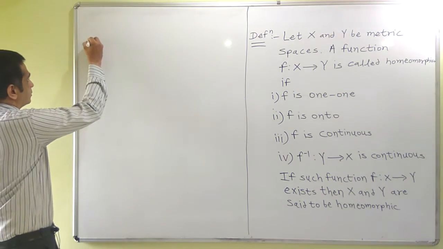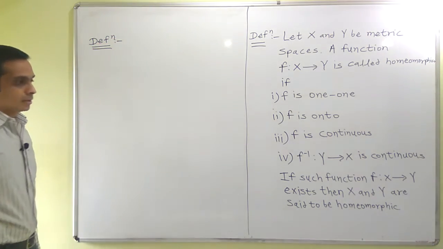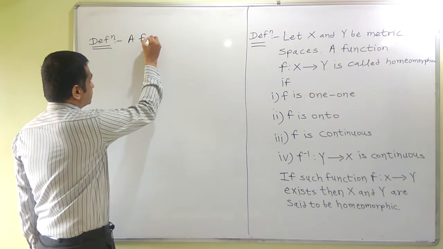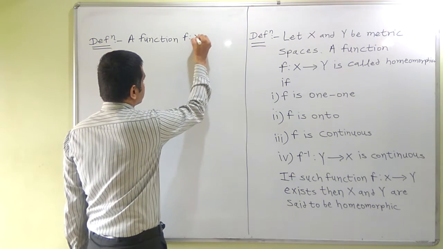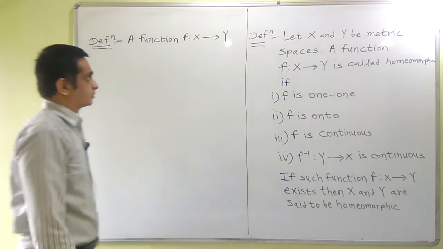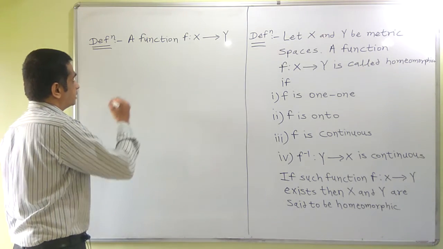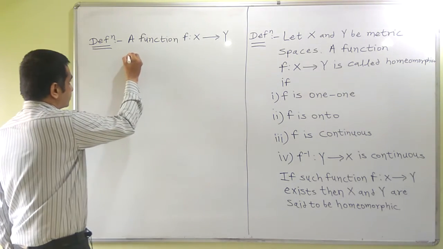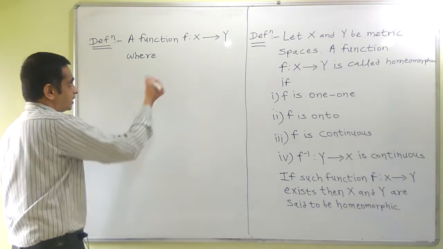Next definition, which we will see, is the graph of f. We consider a function f from X to Y, where we may assume that X and Y are metric spaces.